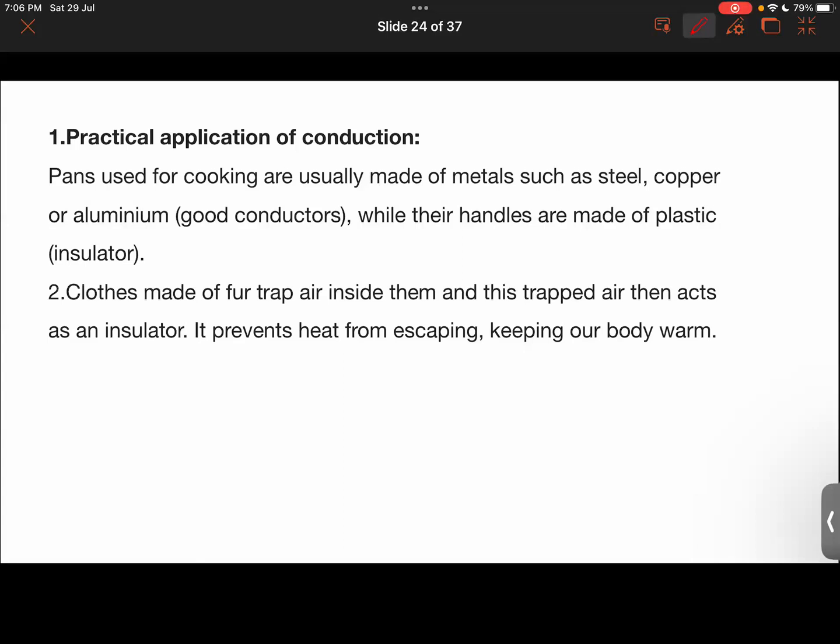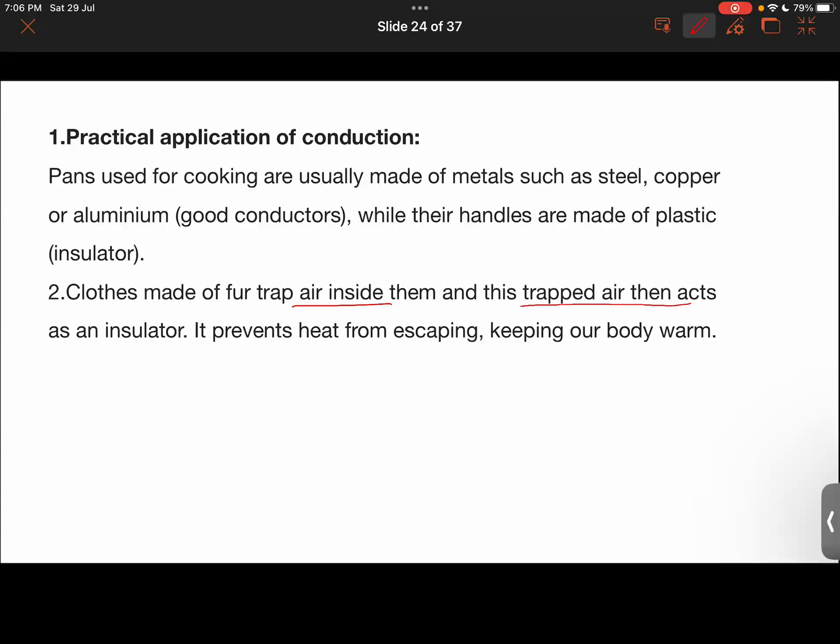If we were to make the handles of the pans of metal, it would burn our hand, right? Another example we just discussed is clothes, for example wool, which traps air inside them, and since air is a bad conductor, they help us keep our body warm.